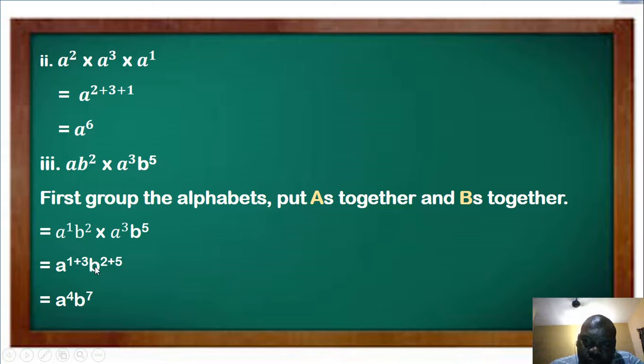Then for b, the power of b is 2 plus the power of b is 5, so b raised to power 2 plus 5. So a raised to power 1 plus 3 is equal to a raised to power 4, and b raised to power 2 plus 5 is equal to b raised to power 7.